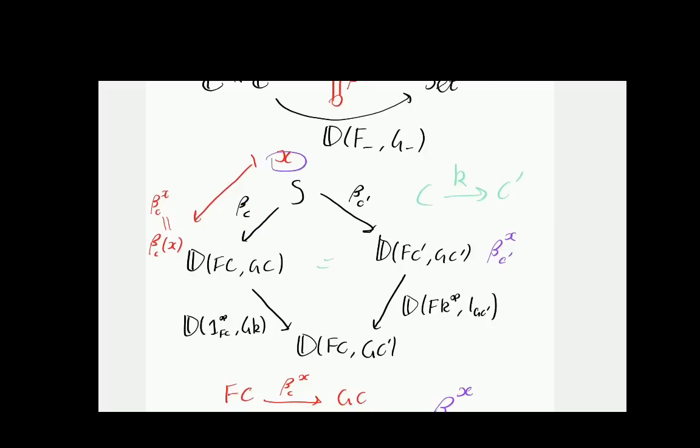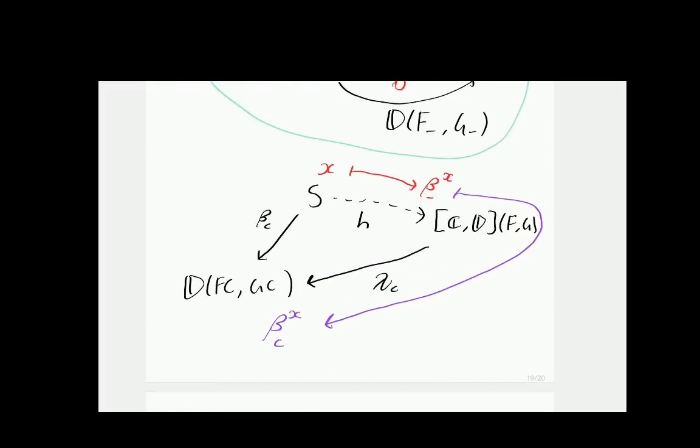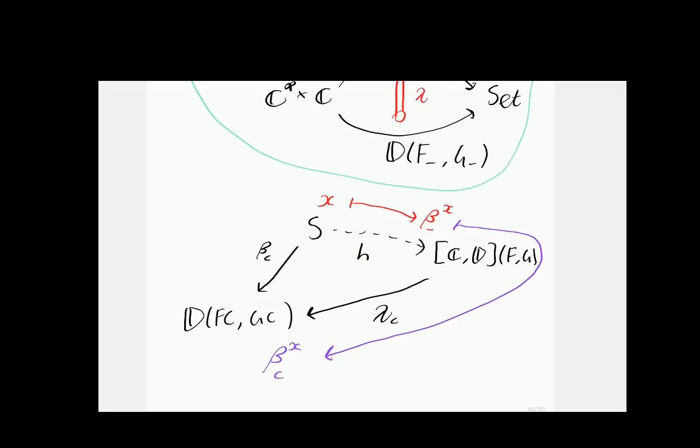If we take an element X, then we can just vary our C and apply beta, and then we get this natural transformation beta of X blank. So that's what H does. It takes our X and it extracts the natural transformation that is suggested by the wedge beta.